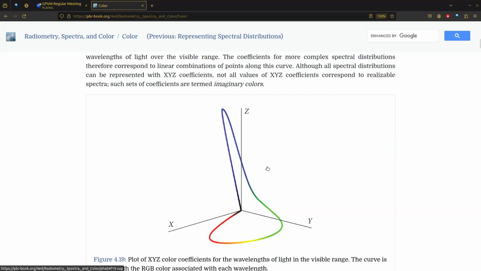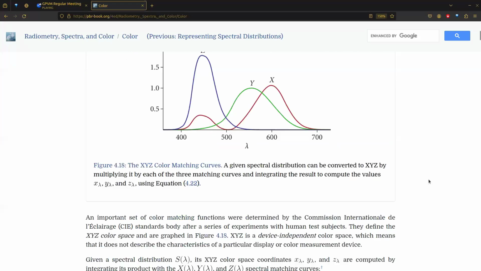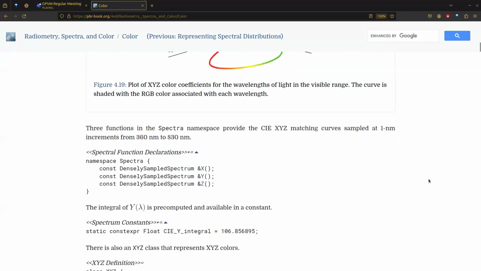So your blues are the lower wavelengths, down in the 400s, and then up through reds going into the 700s. So I guess these are the curves visualized as a 3D plot. That's interesting.